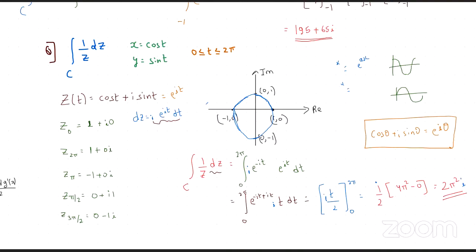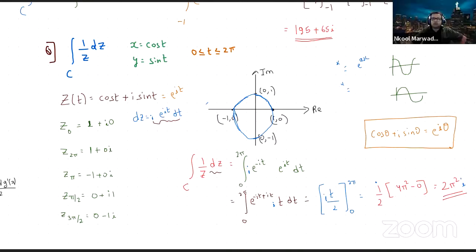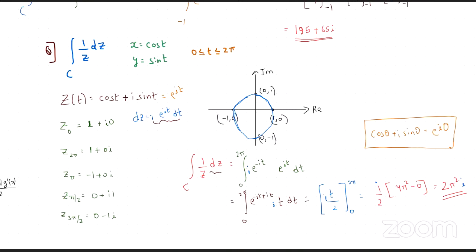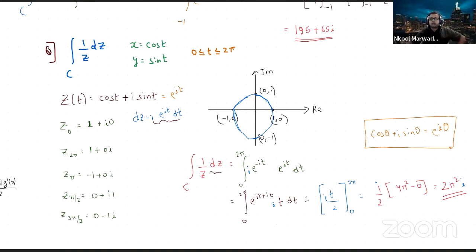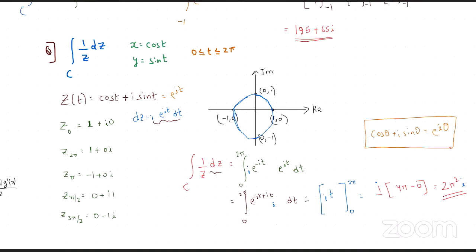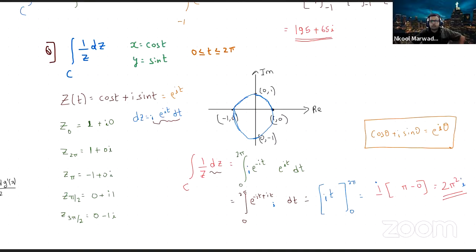Yes sir. So we have to be very careful. In this equation, the t in the second step also will be removed. So it is just 1, no division by 2. It will be just 2 pi. Please try to do it and let me know if you are facing any problem.